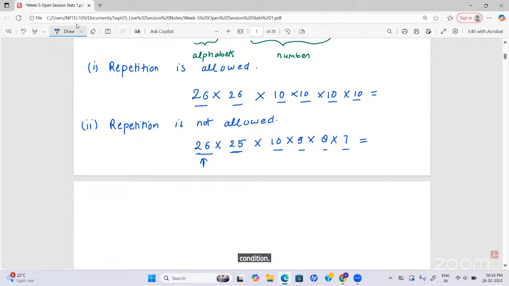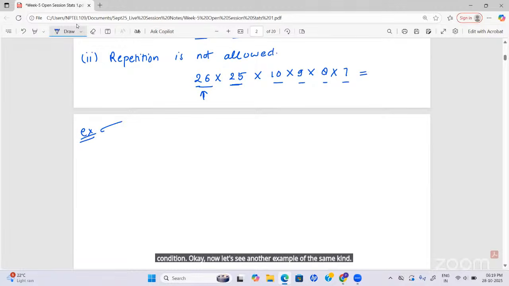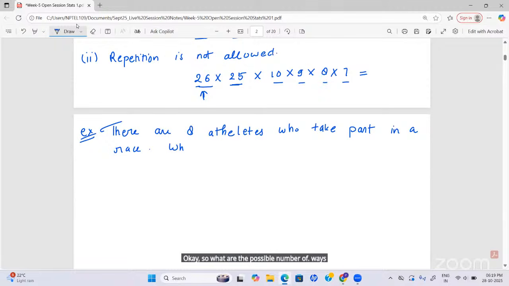Now let's see another example of the same kind. Suppose there are 8 athletes who take part in a race. What are the possible number of ways that the athletes can finish the race?